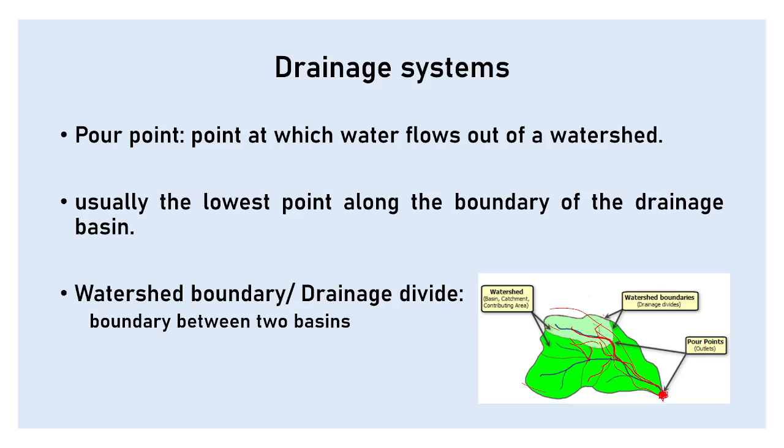The sections of a stream channel connecting two successive junctions, or a junction and the outlet, are referred to as stream links. So we have talked about stream channel, then node or junction, then stream link.